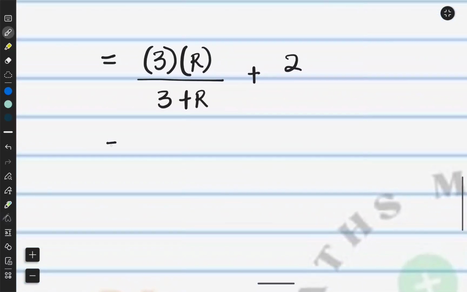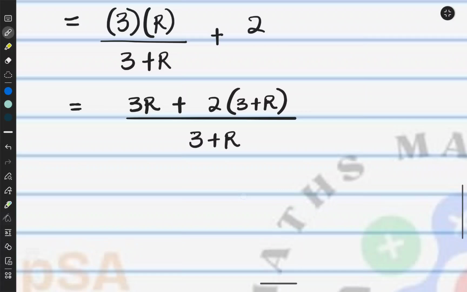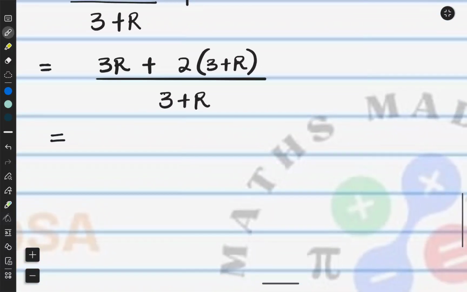So if you add here and use your maths, you will notice that you should have 3R plus 2 times 3 plus R. I will stretch it a bit, but I could have just easily written the final expression, but it's fine. And then this is 3 plus R, common denominator, remember? So that's maths at this point. It's not physics. It's just maths.